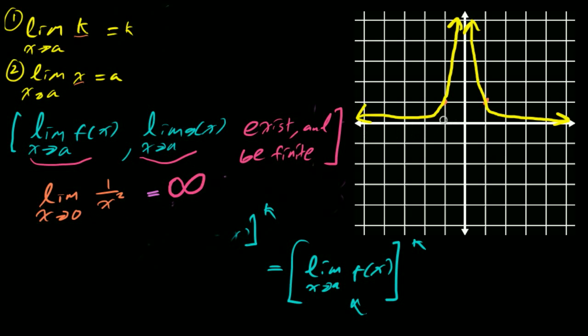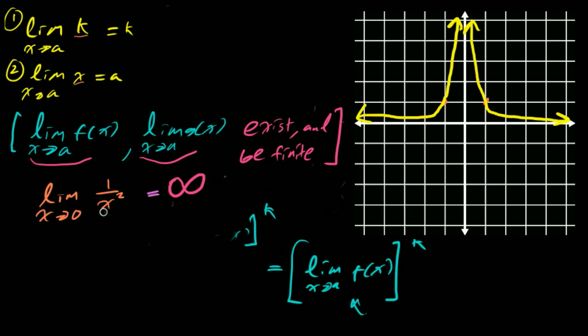Because as we choose numbers that are really, really close to 0, we're just going to get numbers that are bigger and bigger and bigger. If x is 1/1,000,000th, then 1 over 1/1,000,000th is a million.